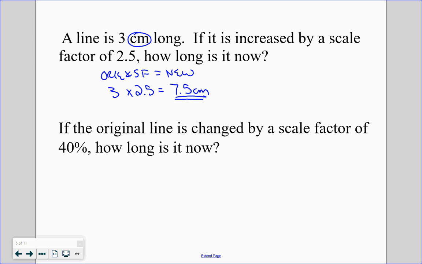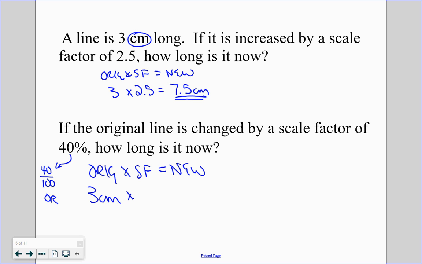Part B of the question, if the original line is changed by a scale factor of 40%, how long is it now? So again, we're still just going centimeters to centimeters. So my original line was 3 centimeters. Now, 40%, you need to either convert it to a fraction, so you can plug in 40 over 100, or you would convert it to a decimal, which would be 0.4.